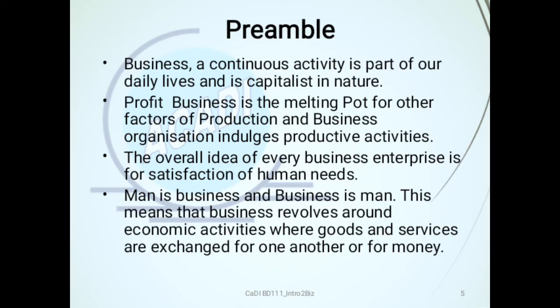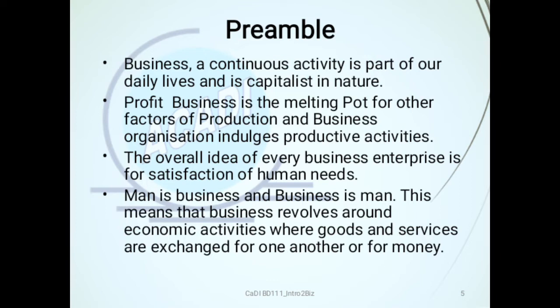Business, a continuous activity, is part of our daily lives and is capitalized in nature. Business is the melting pot for other factors of production, and business organization indulges in productive activities.